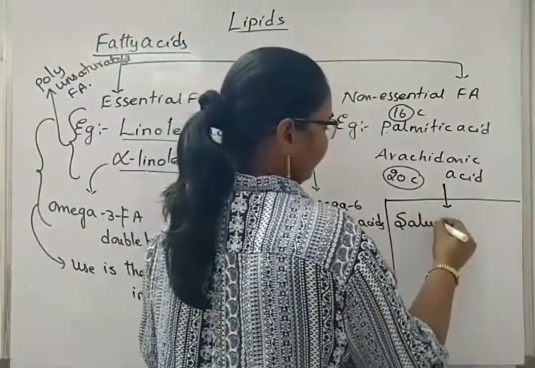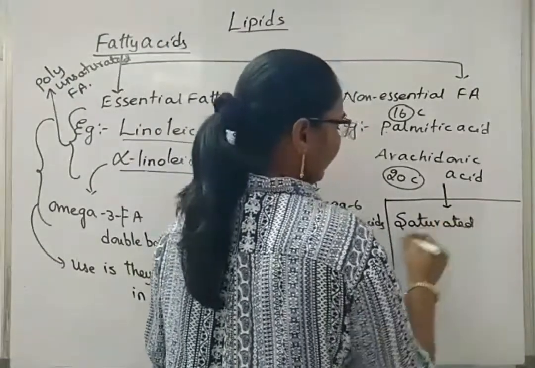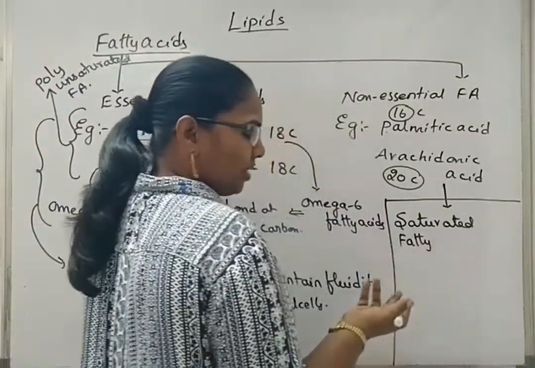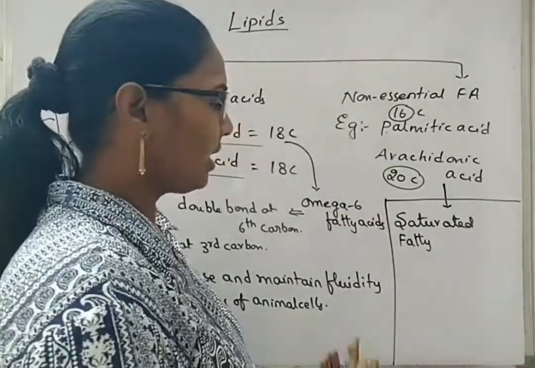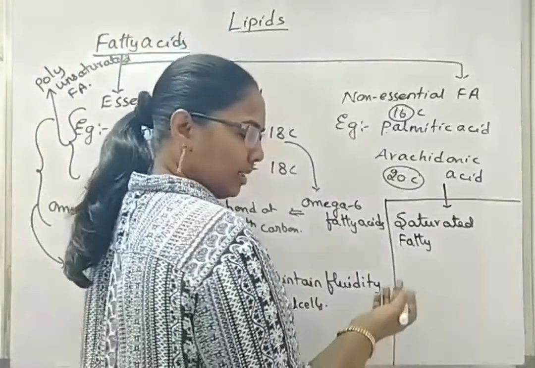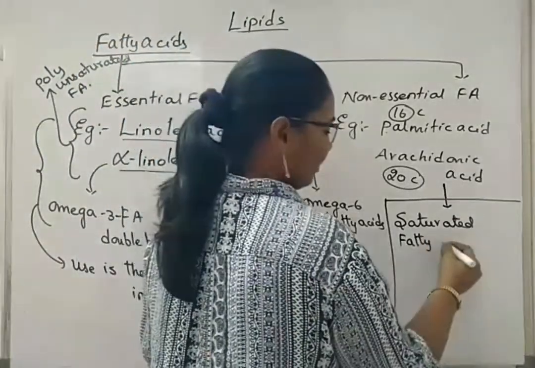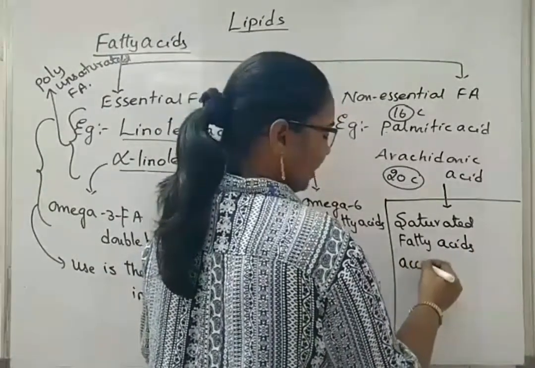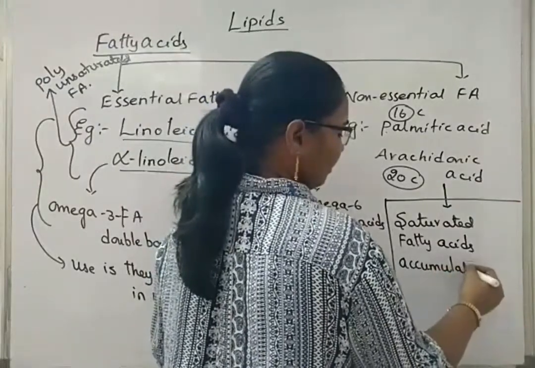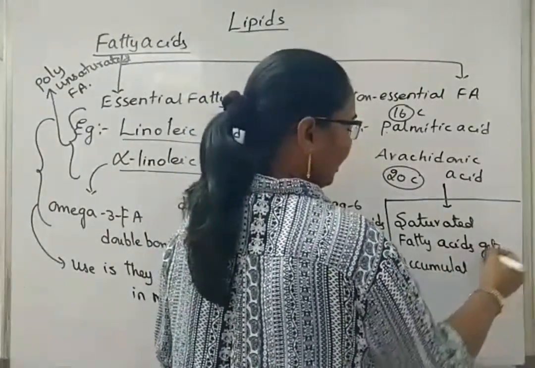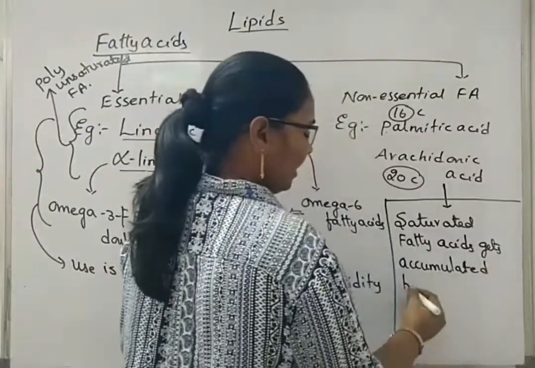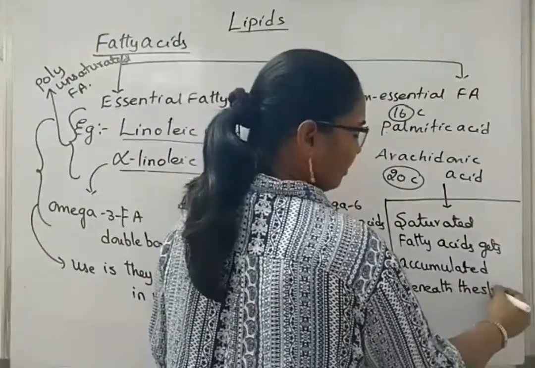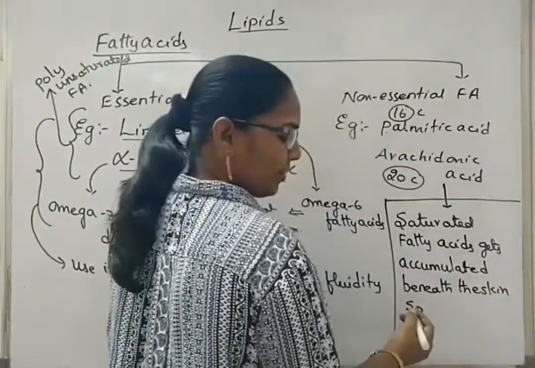So, saturated fatty acids, according to chemistry, have single bonds, and unsaturated fatty acids have double bonds. Saturated fatty acids get accumulated beneath the skin, so they are not preferred for the animal body.